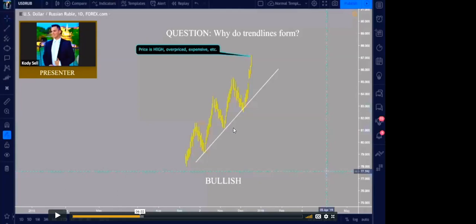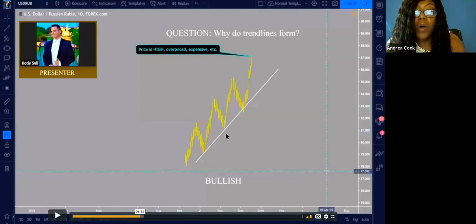Thank you. So whenever you're drawing a bullish trend line, price is always going to be above it. The reason is that the purpose of the trend line is to determine what trend it's in. So we want to know when it breaks. The only way it can break is down.